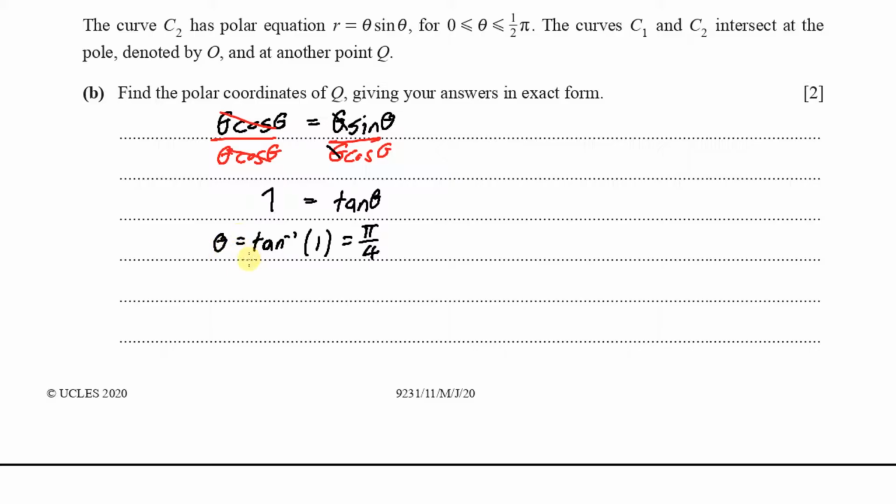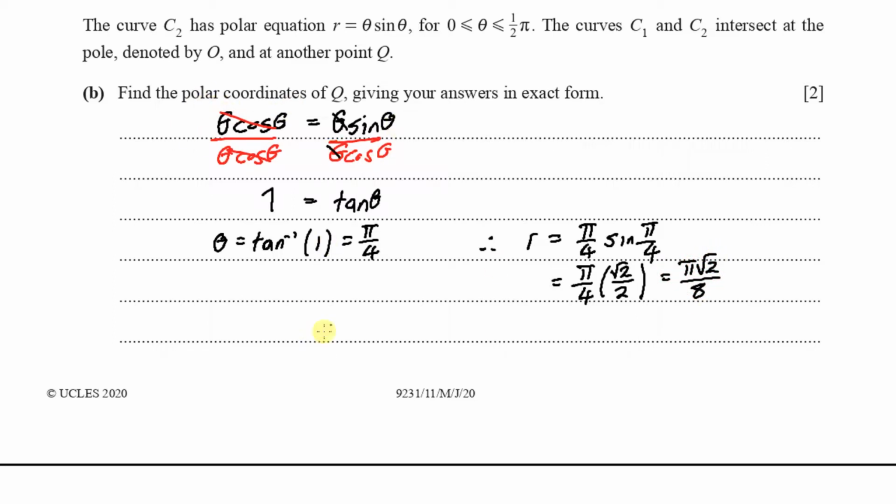So now that we have the value of theta, we now need to work out the value of r. So here for r, we can use any one of the equations. r is equal to theta sine theta, so that will be pi over 4 times sine of pi over 4, and sine of pi over 4 is root 2 over 2, so that's pi root 2 over 8.